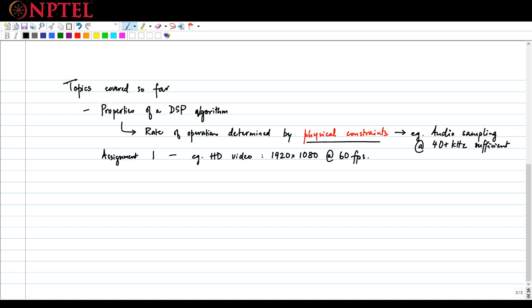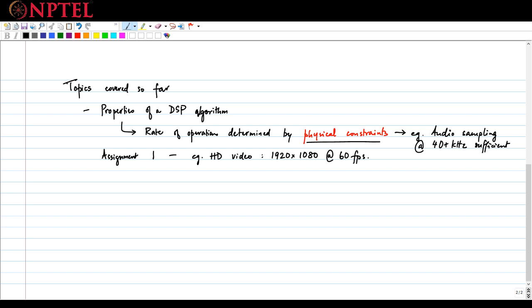Now, why is this considered high definition video? Because people have done a number of experiments and found that when I have video at this resolution and at this frame rate, most people would not really be able to point out any flaws in the picture. It's really considered high quality video, right?